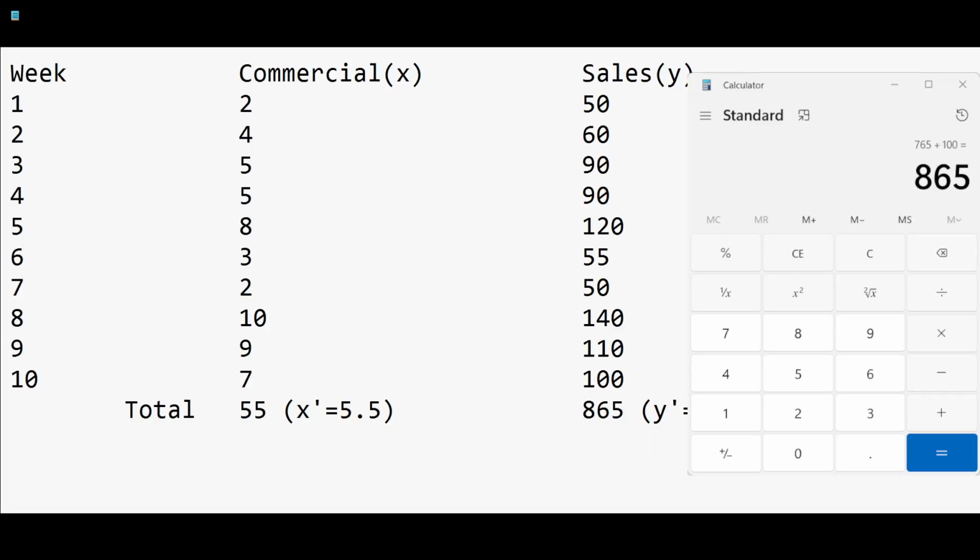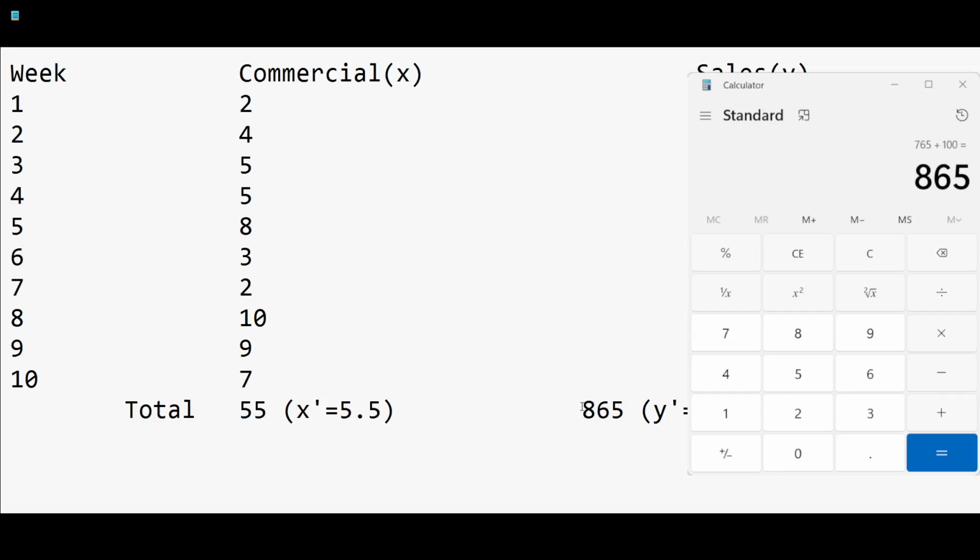Okay, so once you have that, you can add another column. For the x, you have x minus x prime.